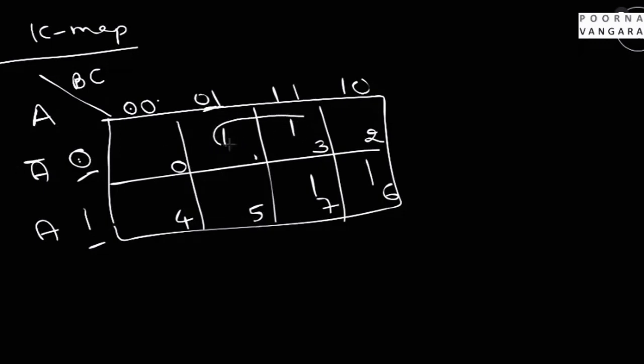Look at the grouping. For this particular group, this particular row is representing only A bar, so you need to write down that A bar as it is. And this particular group is covering these two columns, and in these two columns the first column is 0, 1 and the second column is represented by 1, 1.